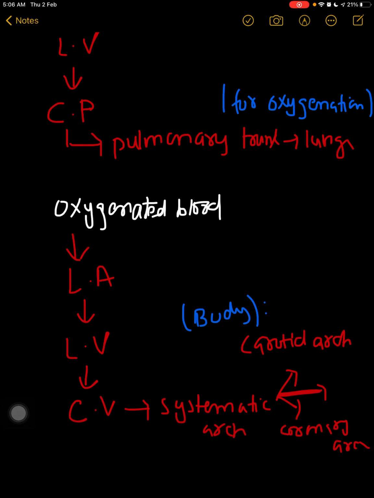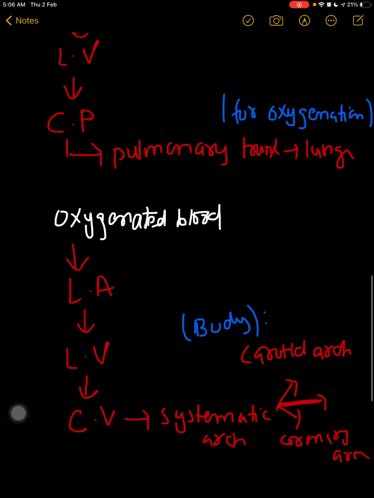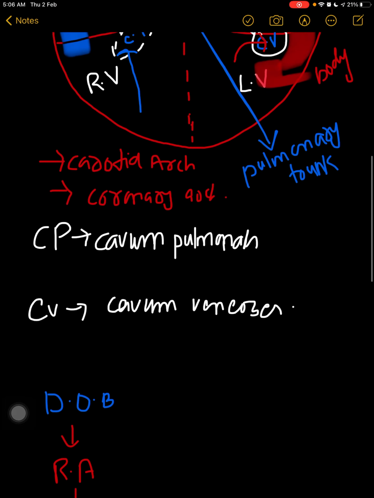So this is the summary of heart circulation in the reptiles.